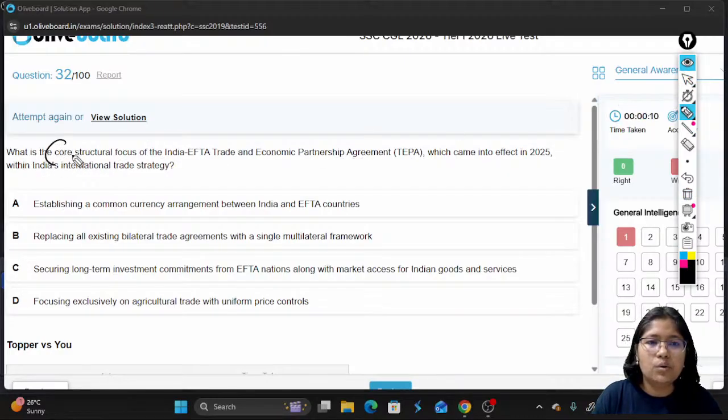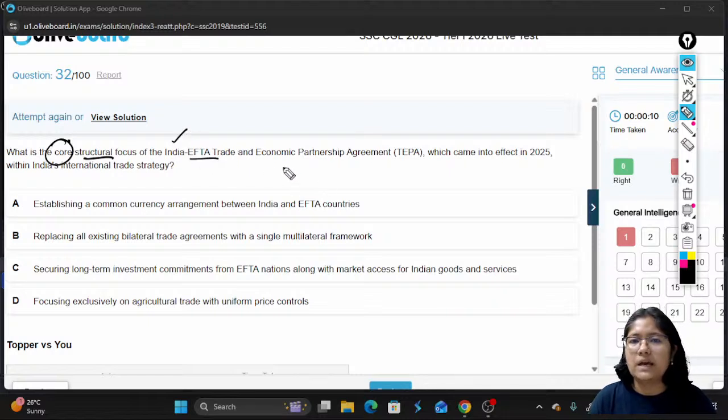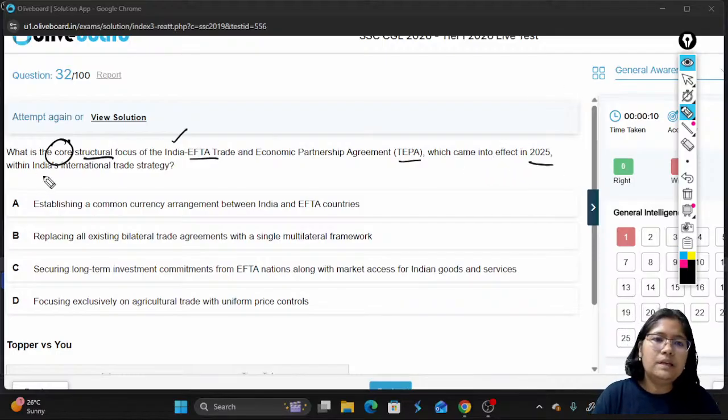What is the core structural focus of the India EFTA Trade and Economic Partnership Agreement, which came into effect in 2025, within India's international trade strategy?